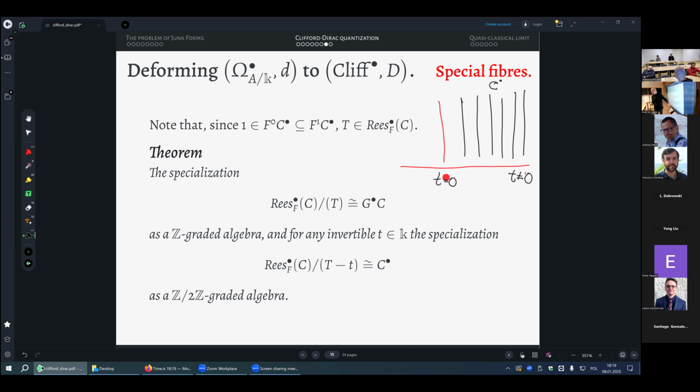But the central fiber of this deformation is the associated graded of this filtered algebra. So in a sense, it's a specialization or degeneration of this filtered algebra to its associated graded. If you think about the Clifford algebra, we obtain a similar picture. Here you have the Clifford algebra everywhere, degenerating to this algebra of differential forms.